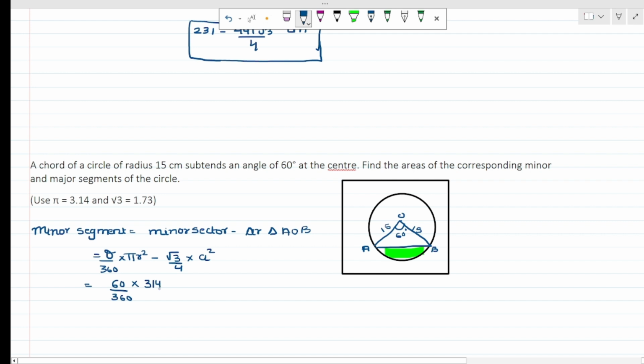As I have given the value of pi as 3.14, I will substitute 314 upon 100 multiplied by 15 multiplied by 15 minus root 3. Now, as I am given over here, my root 3 value is 1.73. So I will substitute my root 3 as 1.73 multiplied by 15 upon 4.